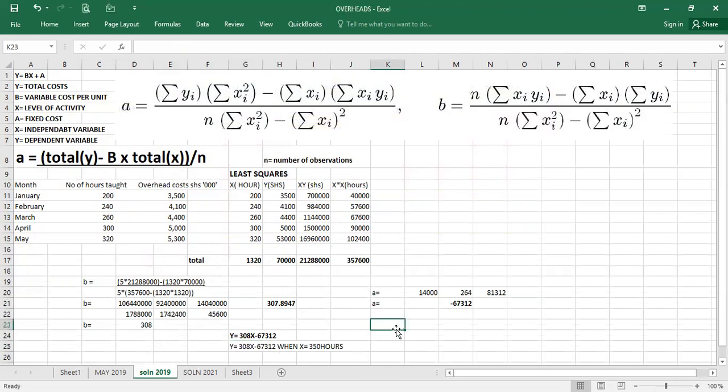So we find our Y, which will be equal to this 308 multiplied by the 350 that were given to us.